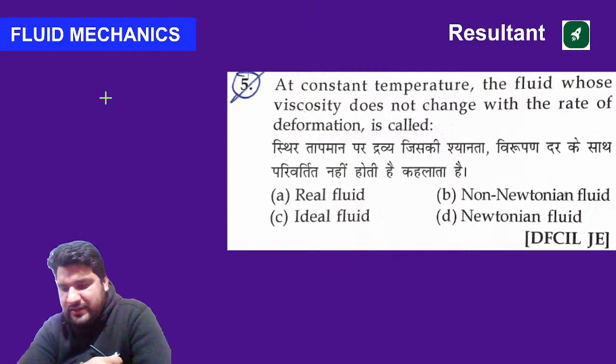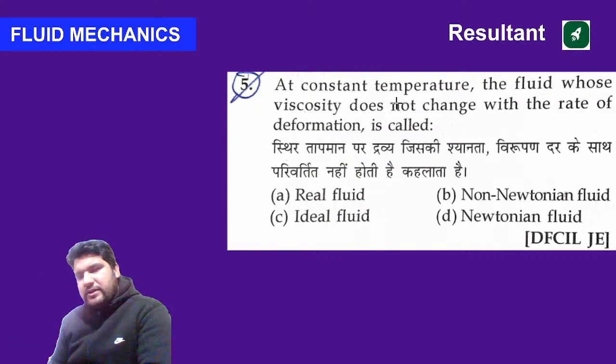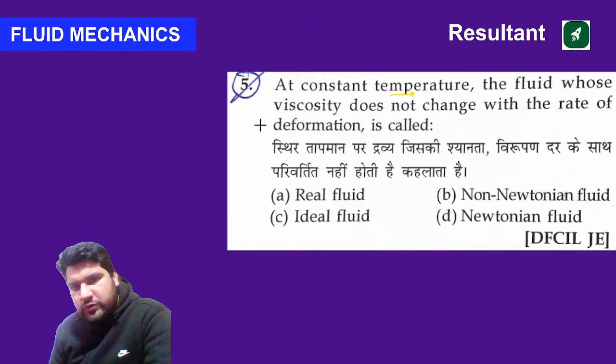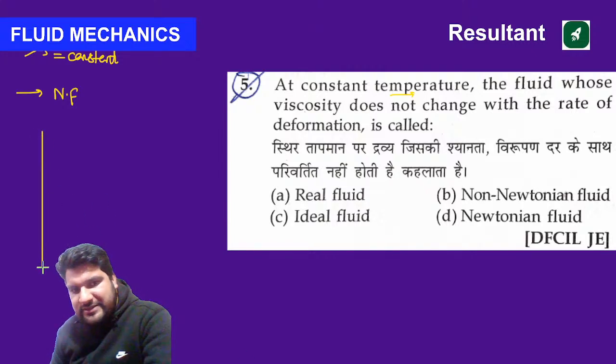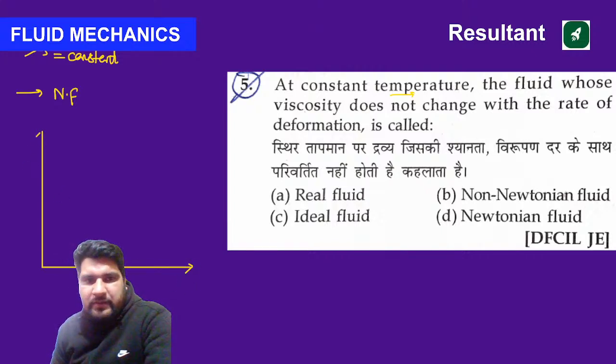Anyone else? So at constant temperature, the fluid whose viscosity, remember mu, is constant will be called a Newtonian fluid. If we are constructing the graph of this fluid, on the y-axis we mark the shear stress, and on the x-axis we mark the velocity gradient, du by dy.